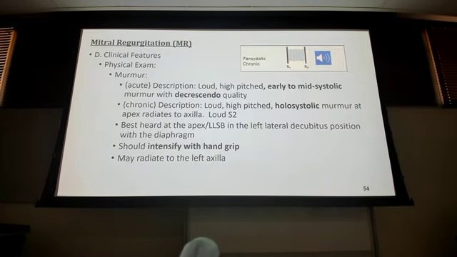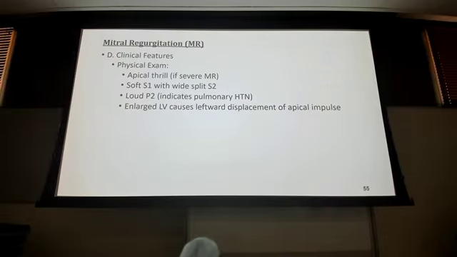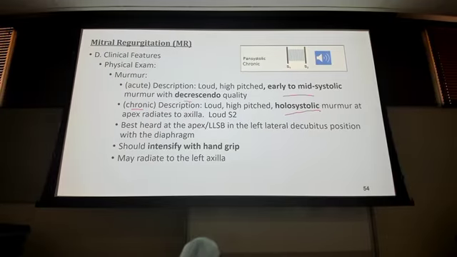On your physical exam, in the acute setting, you're going to have an early to mid-systolic decrescendo quality, but in a chronic setting, it's typically a holosystolic murmur. Let me just advance the slide so I can stop that murmur. But now the reason that you have this difference in the acute and chronic version is, remember, in the acute setting, what's happening to pressure in the atria compared to chronic?